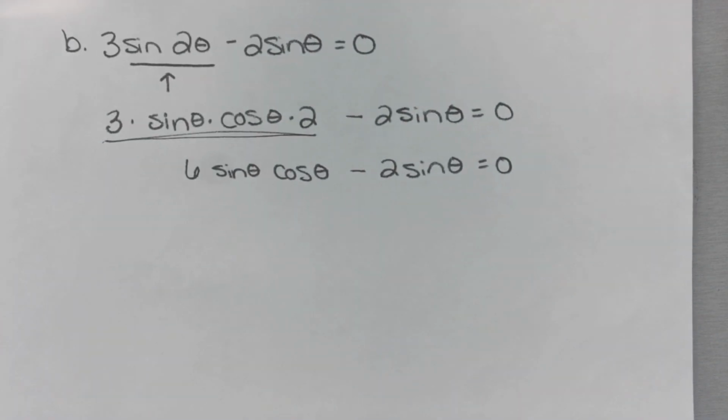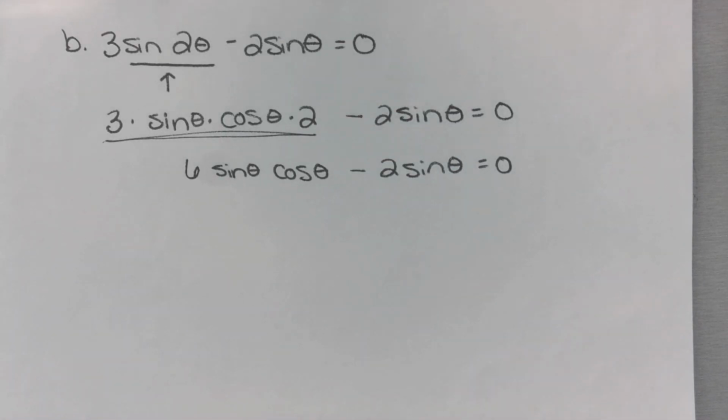Now, a minute ago we talked about having the same trig function. We didn't want multiple trig functions. That is true about 90% of the time, unless we can factor something out so that what we have left is all the same trig function.